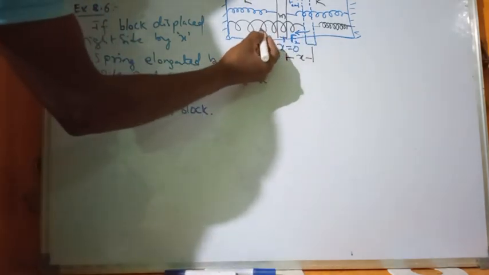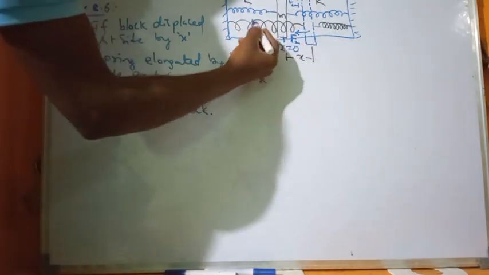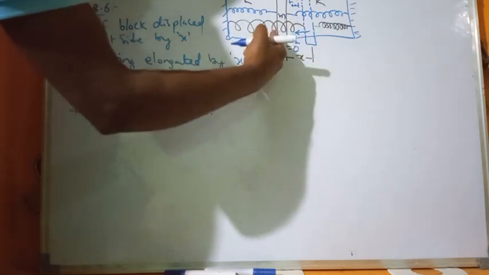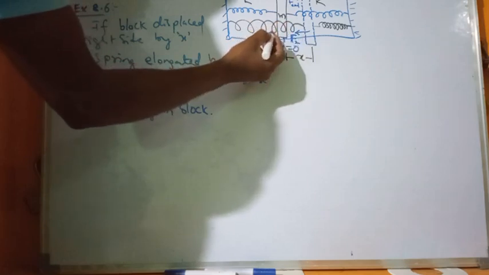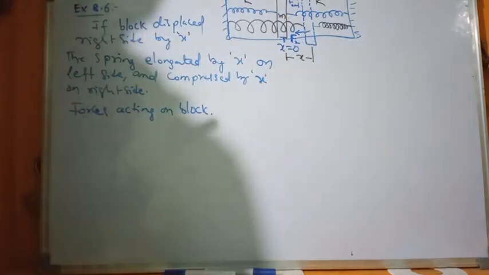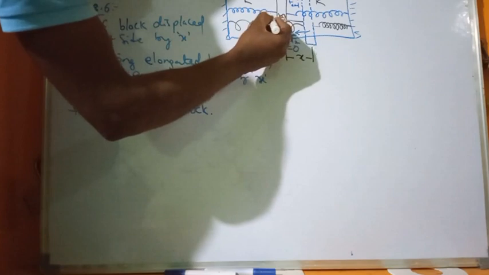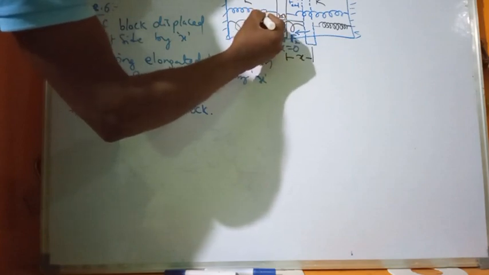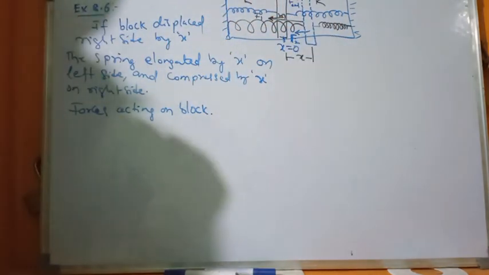And here the other spring is also extended, meaning elongated. So a restoring force also develops in this spring, and it pulls the block towards the mean position. This is our other force, F1. Suppose this is the first spring and that is the second spring.